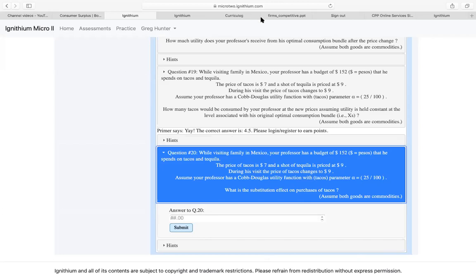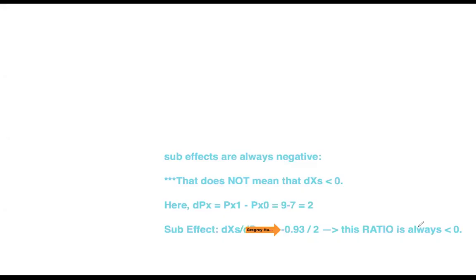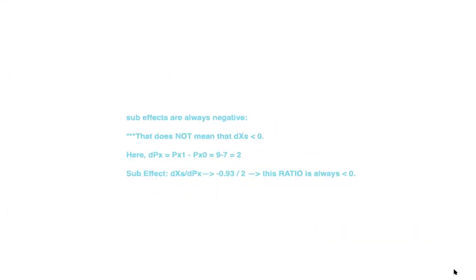And the other thing that I want to say in closing, and I'll go back to this whiteboard, is that remember again that income effects can be positive or negative, depending on whether the good is normal or inferior.